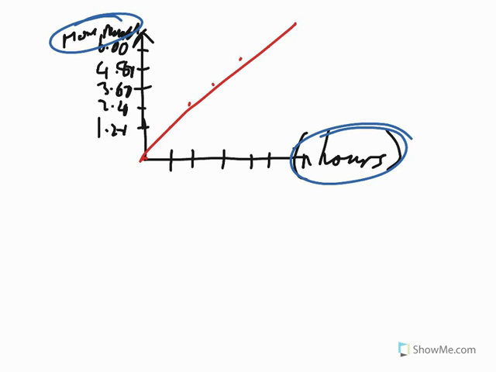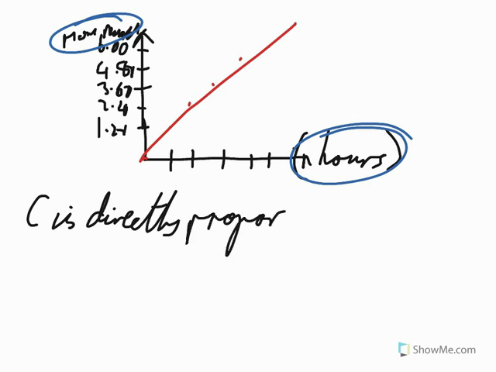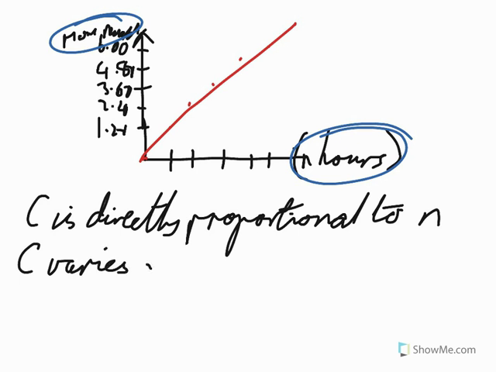Okay, so how do we write this? Well, we can write that C is directly proportional to N. C varies directly as N.